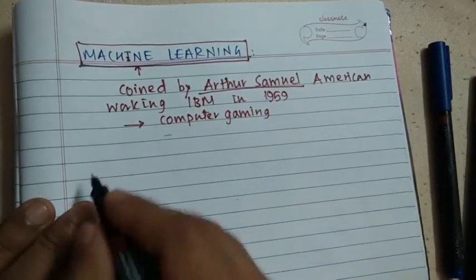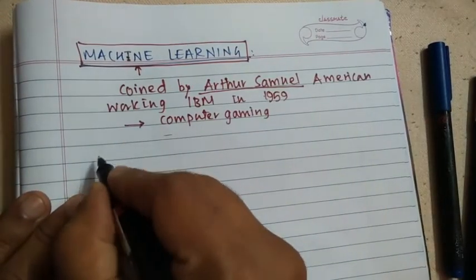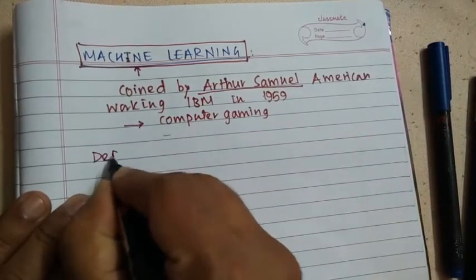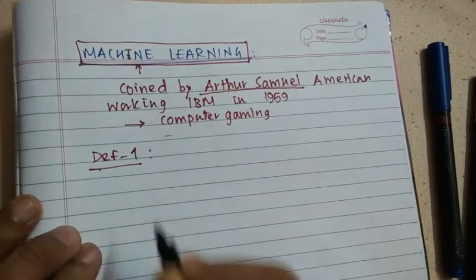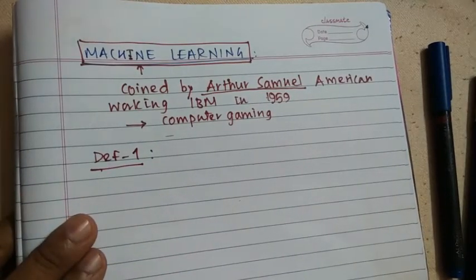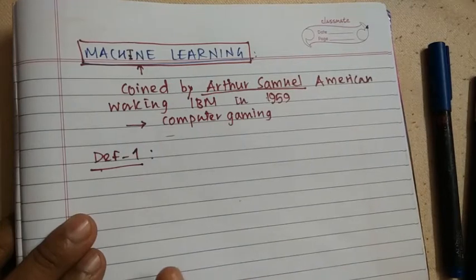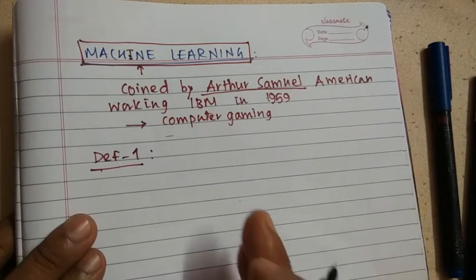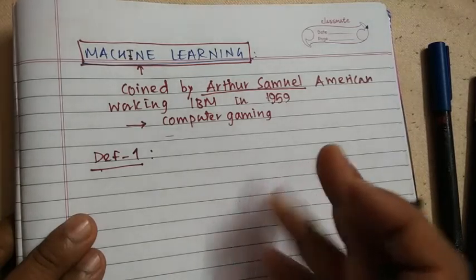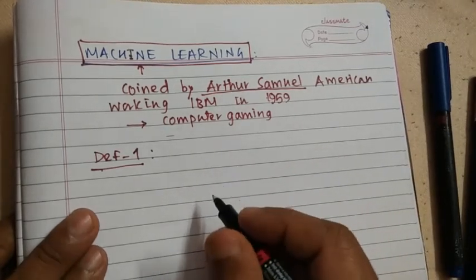Definition number 1: machine learning is a study of computer algorithms that can improve automatically through experience and by the use of data. That is very important.